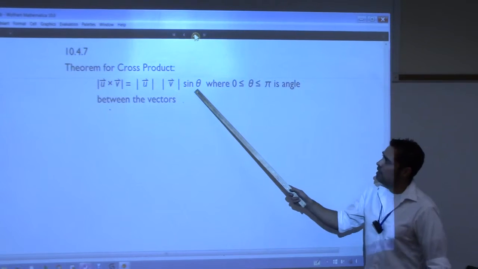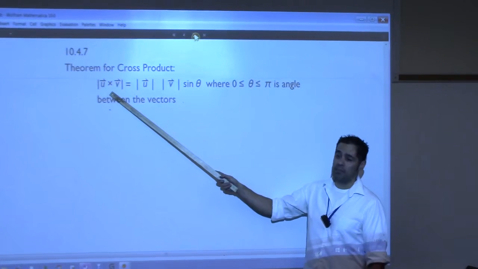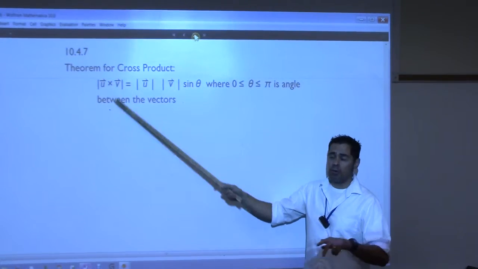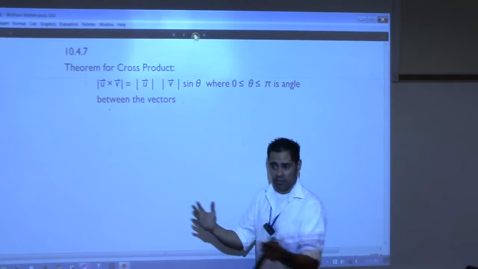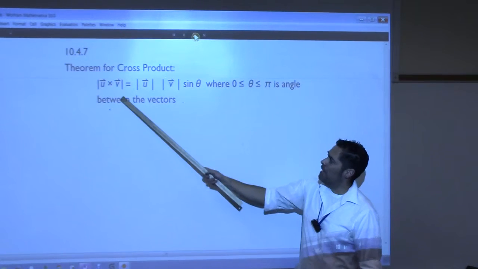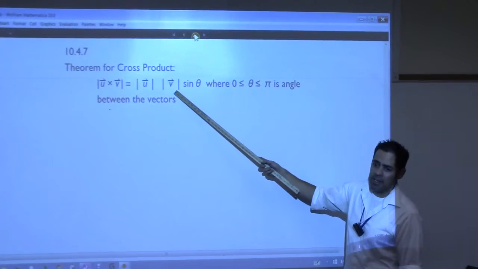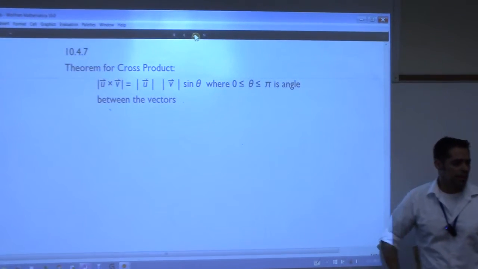It's sine theta, right? And it's not just the cross product, it's the magnitude of it. So remember, the cross product gives you a vector. The length of that vector is the length of u times the length of v times the sine of the angle between the two vectors.